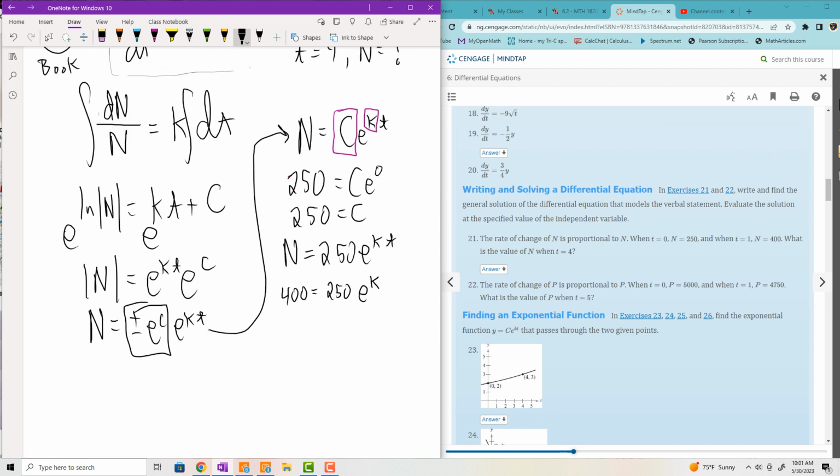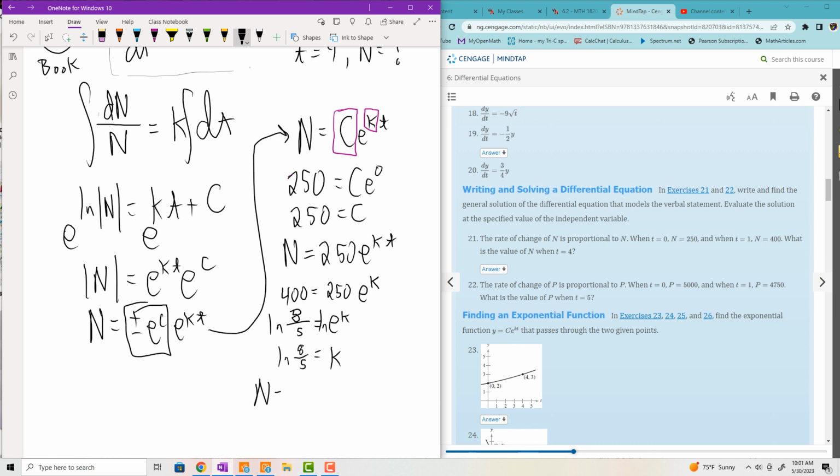All right, so I'm going to divide both sides by 250. It should be 400 over 250, so 8 over 5. Then take the log on both sides. And you get k equals ln of 8/5.